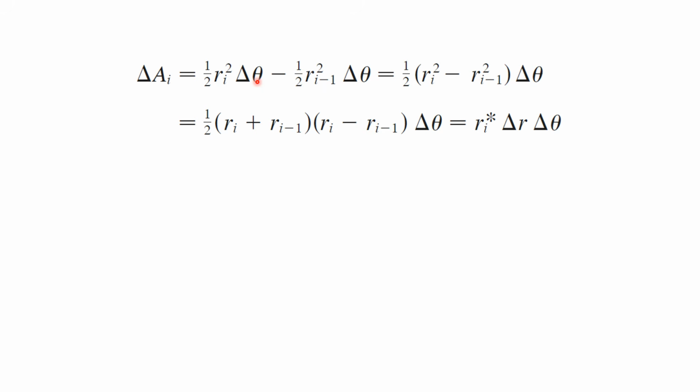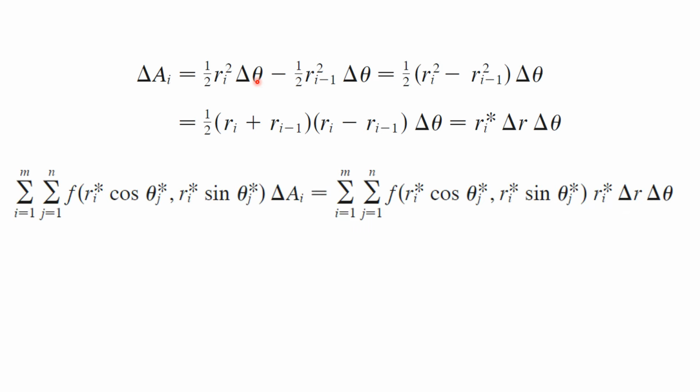So the rectangular coordinates of the center of R sub ij are r sub i star cosine theta j star, r sub i star sine theta j star. So we can express this as a Riemann sum.